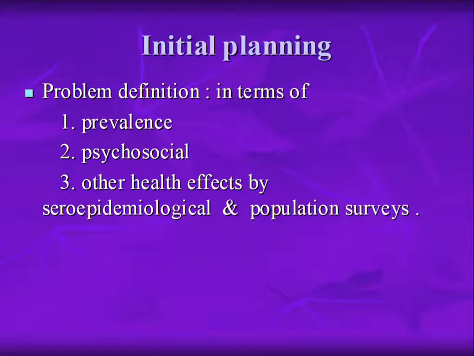For candidiasis, you can give fluconazole 150 milligrams orally, and then local application of clotrimazole 500 milligram pessary. That is the treatment for vaginitis.